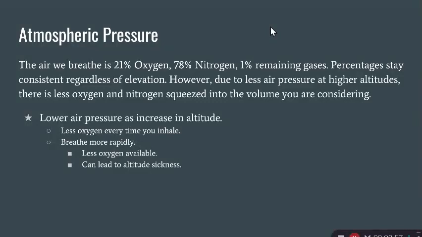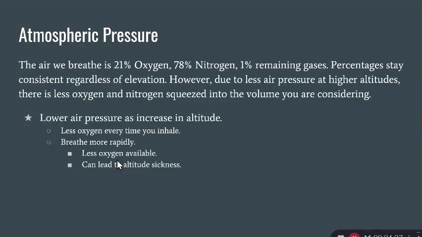If the molecules are farther apart, that means there are fewer molecules pushing down on us, which means the air is less dense. And this is important in sports because the higher up we play and compete above sea level, the less oxygen we take in with every breath. This causes us to have to breathe more rapidly because we still need a certain amount of oxygen to help our muscles contract.